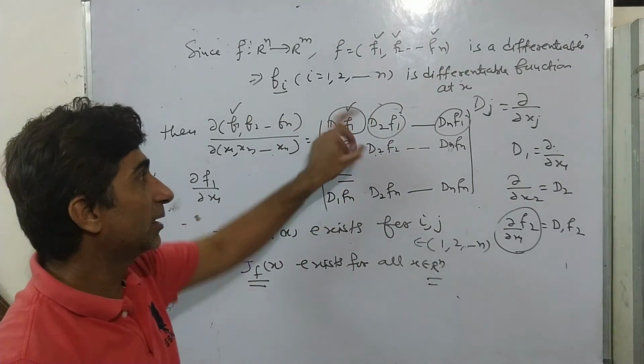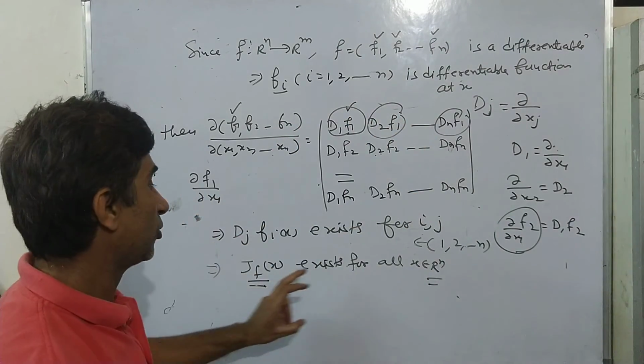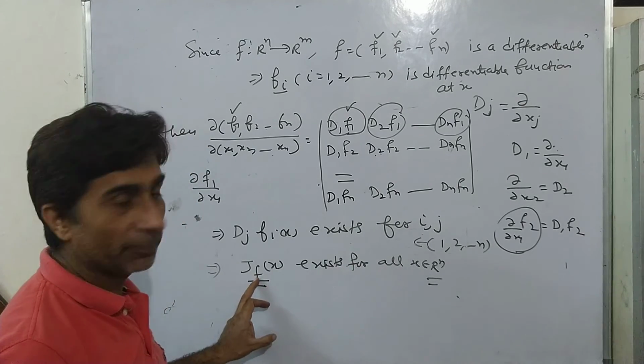So the derivatives exist, therefore the determinant exists, therefore the Jacobian exists for a differentiable function.